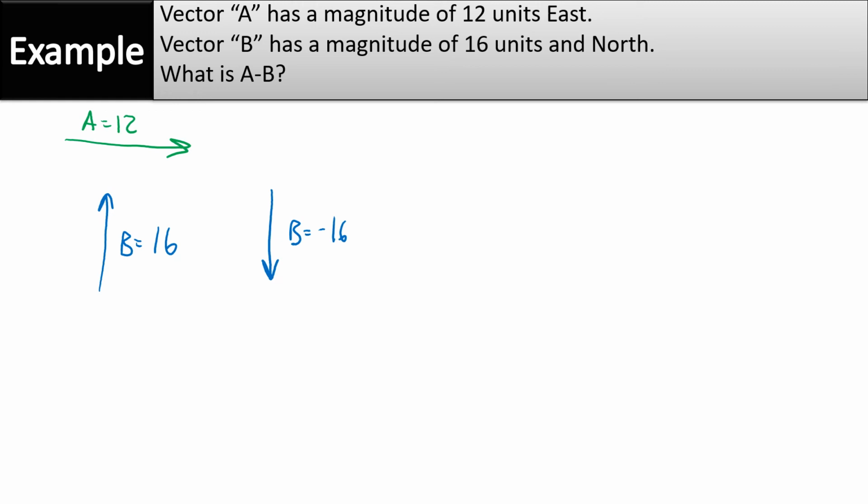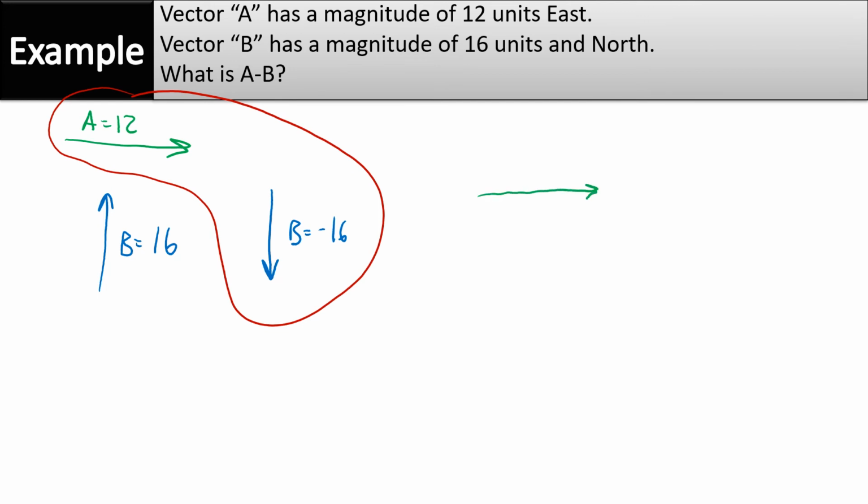And now we'll use these two to find our resultant. So we draw head to tail, A to the right, and then B going down, and the resultant is still from start to finish. And we have our right triangle, and it's 12 and negative 16.